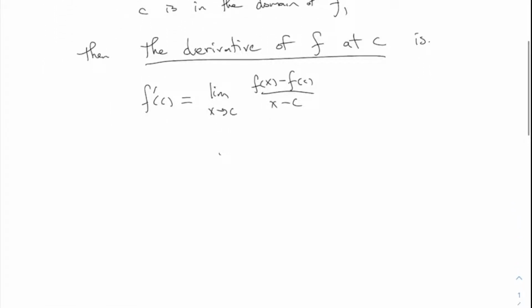This is equivalent to this one, which is a little more common in my experience in a typical calculus textbook. Those two definitions are equivalent, or sometimes this one is written with a delta x instead of an h, but whatever. This is the one that we are going to use in this class.